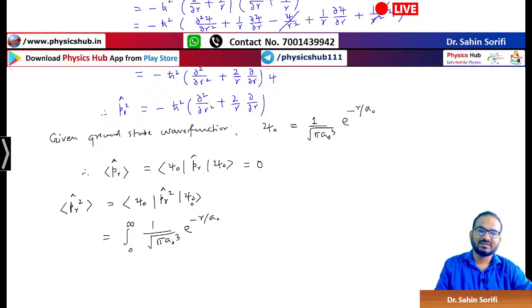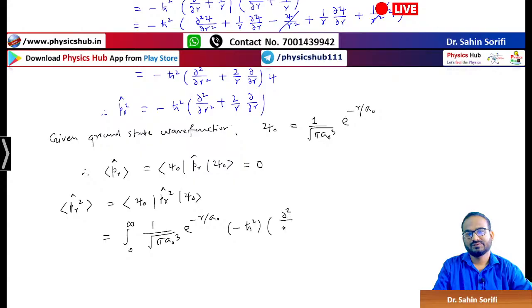Pr square psi 0 means you have to operate this on this. So minus h cut square, Pr square is del square by del r square plus 2 by r del r, then ket psi 0, which is again 1 by square root of pi a naught cubed, e to the power minus r by a naught, and dr.